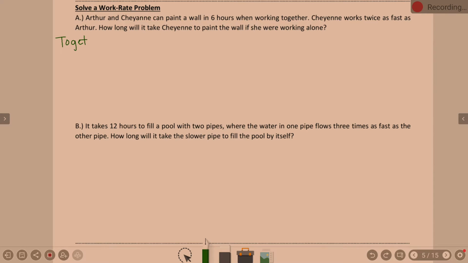What do we know about Arthur and Cheyenne together? Together they can paint what? One wall in 6 hours, yes? Now, if they're painting one wall in 6 hours, what can they paint in 1 hour?